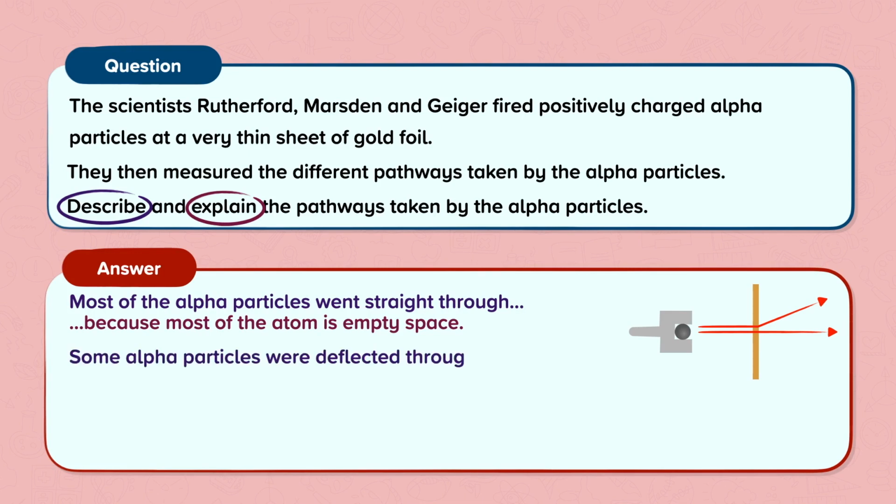Okay, so this is our description. Some alpha particles were deflected through a small angle. So most of them went straight through and some were deflected through a small angle. That's the description of that second pathway.